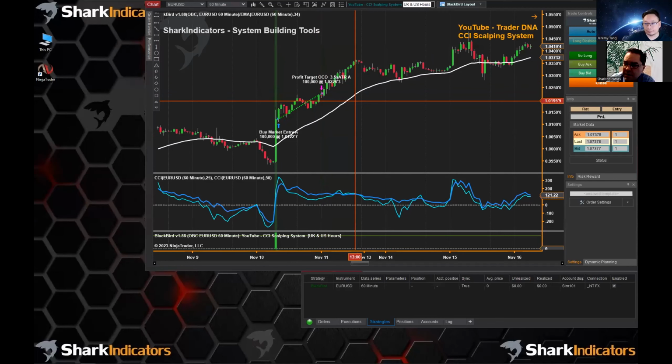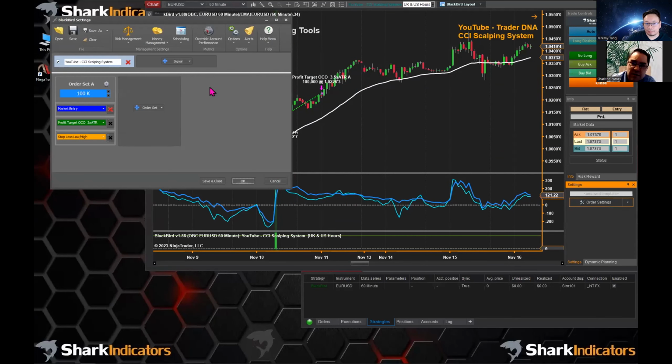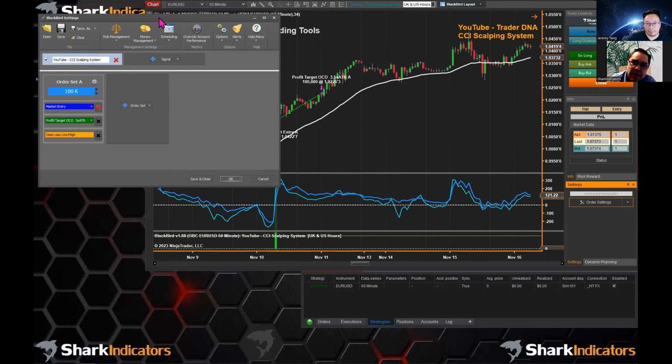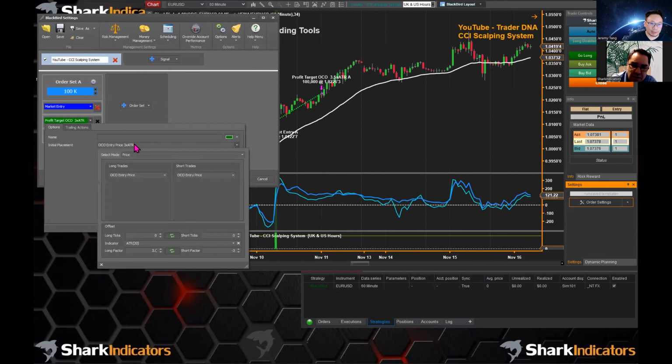So let's play with that stop loss and turn it into a trailing stop loss and see if that can do anything for us. If we're going to use a trailing stop loss to let the market run a little bit, in some cases people actually just take the profit target right out.